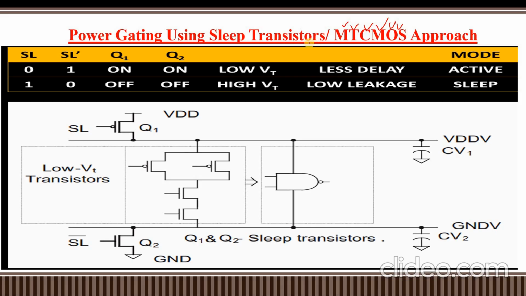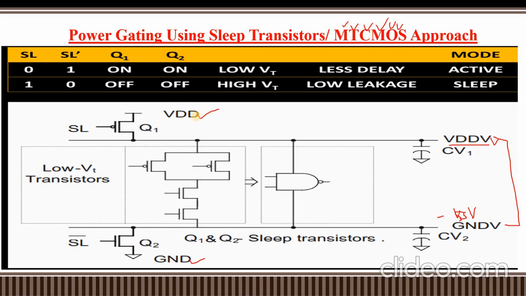There are two supply voltages, VDD and ground. Along with these, we have auxiliary voltages, VDDV and VSSV, which is the virtual ground.